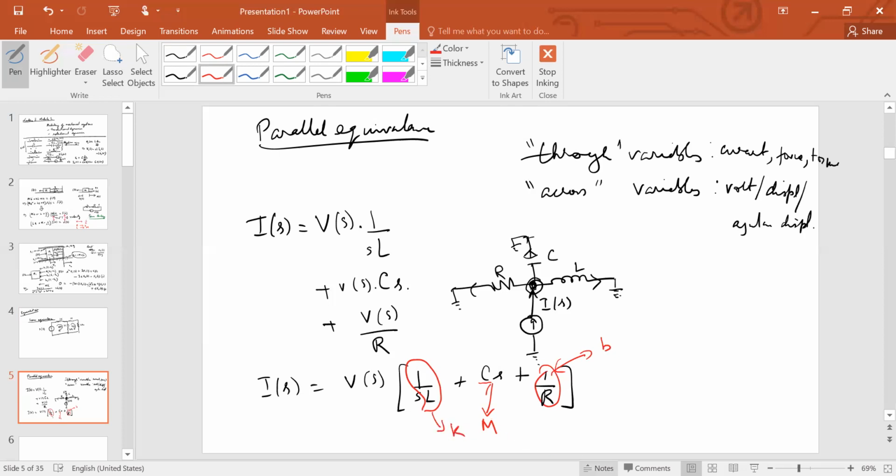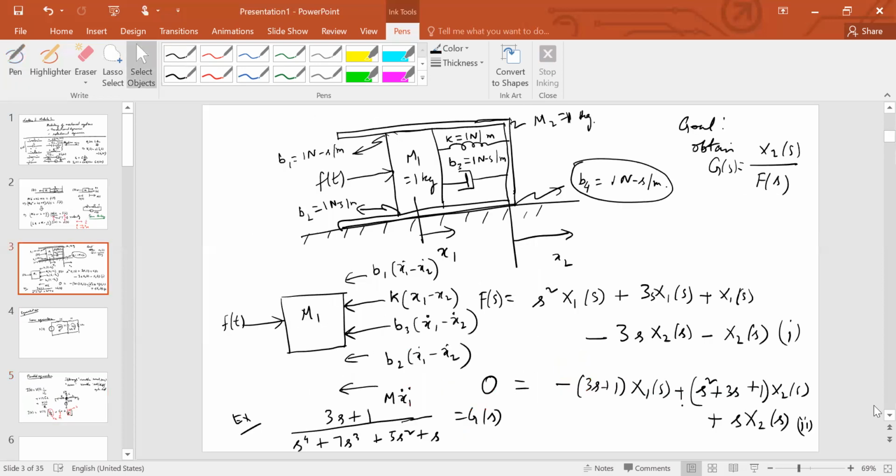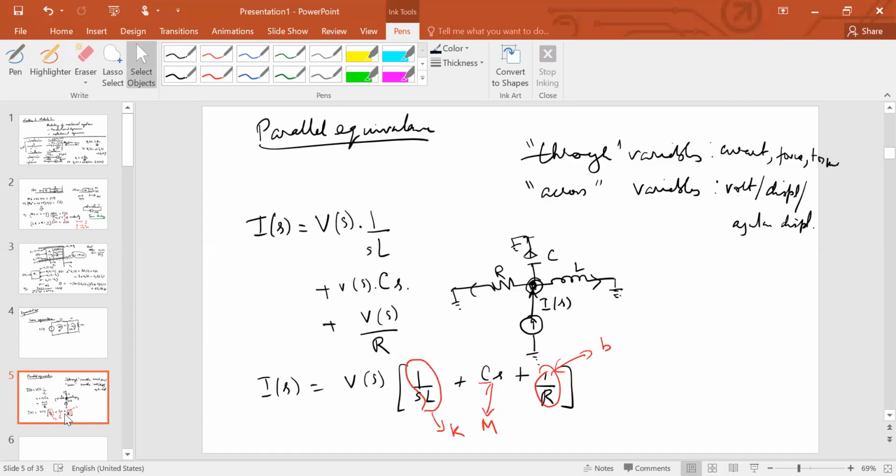All right. So now, given this sort of information, again, I leave it to you as an exercise to check that for the system for which we've written out these equations here, the parallel equivalent will look something like this.